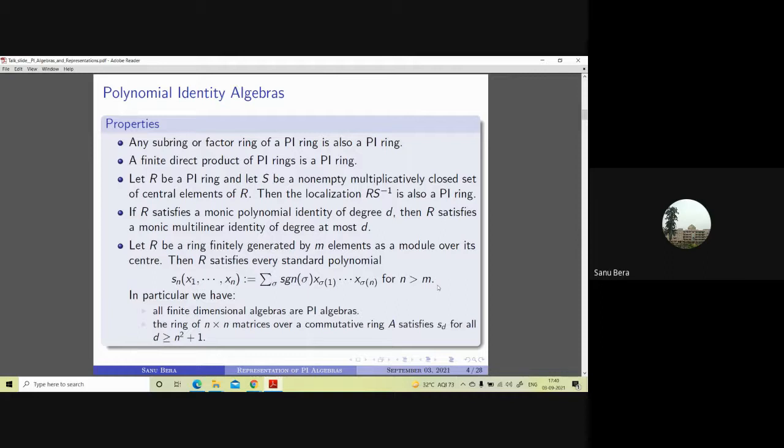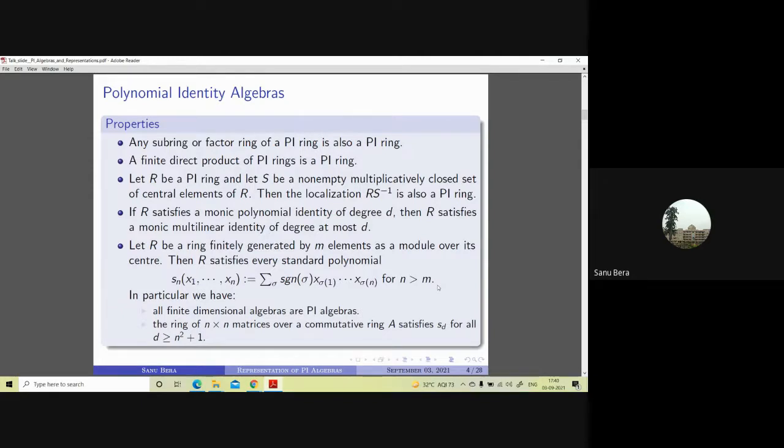Another interesting thing: if we take a central localization with respect to a multiplicatively closed set, that will also be a polynomial identity ring if R is one, and the minimal degree will be the same for R and RS inverse if S consists of regular elements.